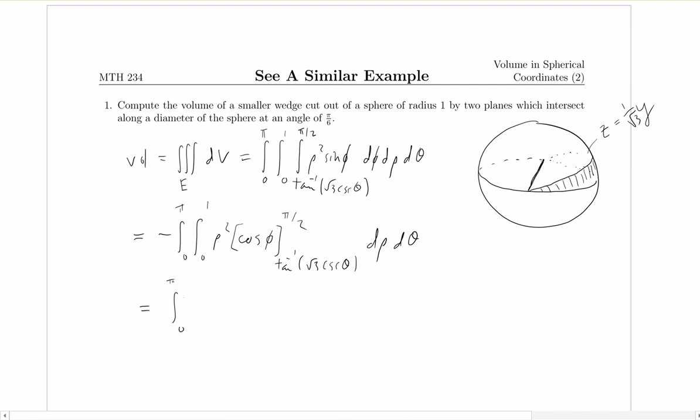I'm going to drop the minus sign and just do the subtraction in the other order. So we have cosine of arctangent of root 3 cosecant theta. This is not very pretty, but let's deal with it. Minus cosine of pi over 2, but cosine of pi over 2 is just 0, so we don't really need the second term.